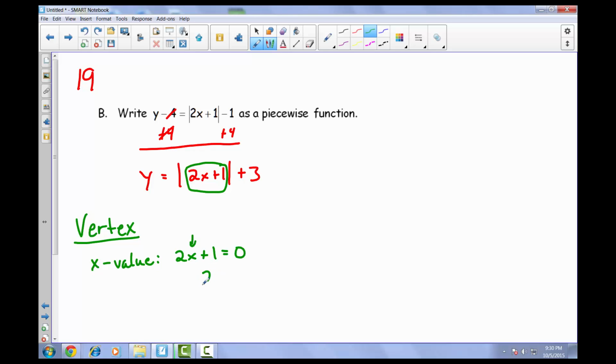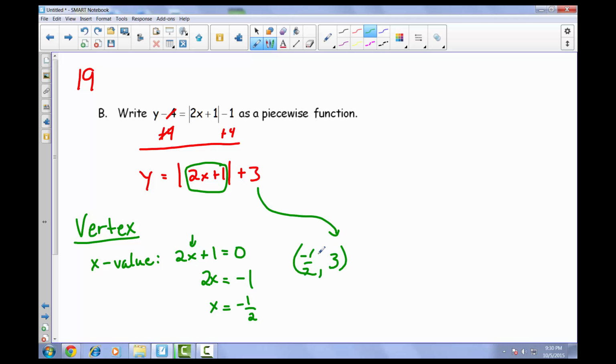So it looks like we'd end up with 2x is equal to negative 1, dividing both sides by 2. Looks like x is negative 1/2. Now for our y value, we pretty much just drop it into our point, and that would be our y value. So we'd end up with negative 1/2, comma 3. So this is our vertex.